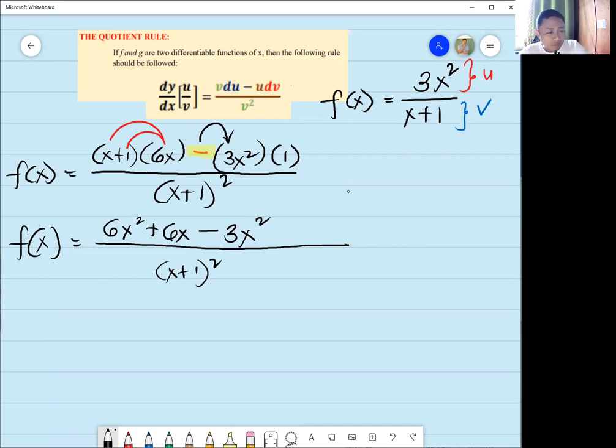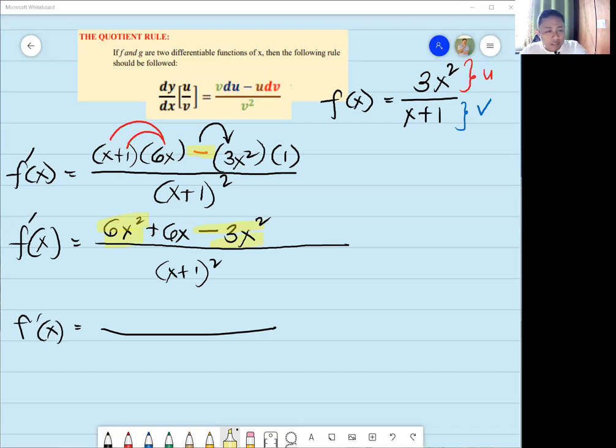Okay, let's continue. So we have here, don't forget the prime because we already did the derivative. F prime of x will be equal to, combine like terms. What will be the answer?